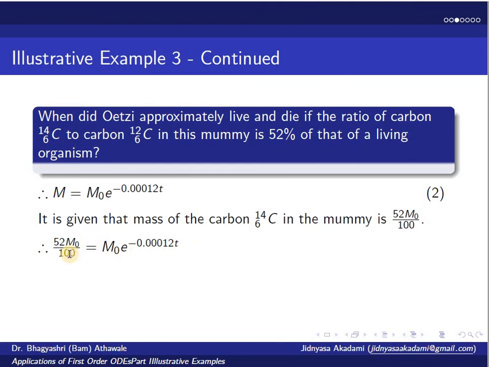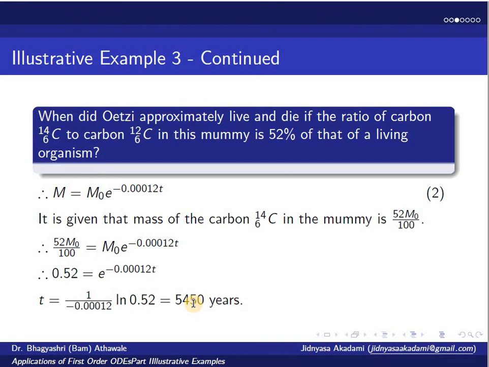This M naught will get cancelled again, and so e raised to minus 0.00012t is equal to 52 by 100, which is 0.52. Therefore, t is equal to 1 upon minus 0.00012 into ln of 0.52. This number is also negative, and so you can get the answer is 5450 years. That is the age of that mummy.